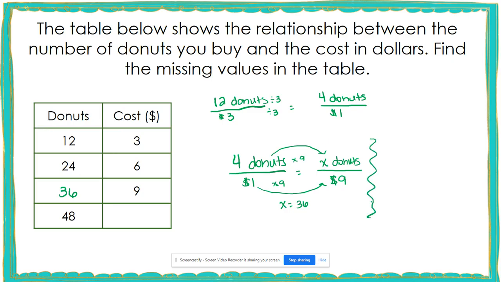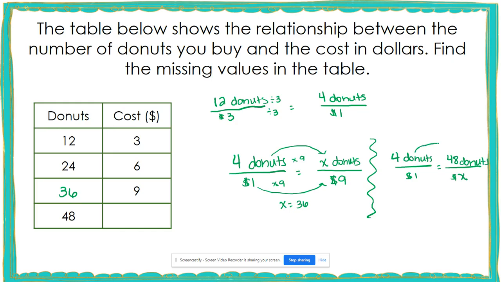Now we're going to do the same thing, but this time we know that we have 48 donuts, so we need to know the cost. Again, I'm using the rate of 4 donuts cost $1. And this time, I need to know the cost. So this time, I don't know how much these donuts cost, but I do know that I'm going to purchase 48.